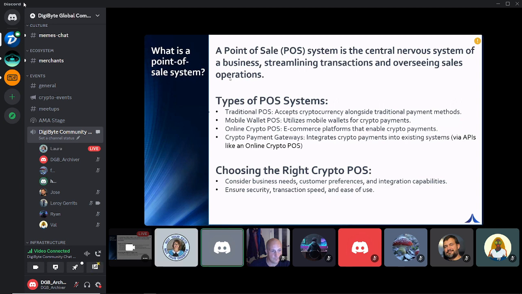I'm probably no specialist on point of sale systems, but they are the terminal, right? They used to be called terminals back in the day, where you would actually initiate a transaction. So these are card readers, these are phones now. There's hardware aspects, middleware aspects, and even a firmware aspect.